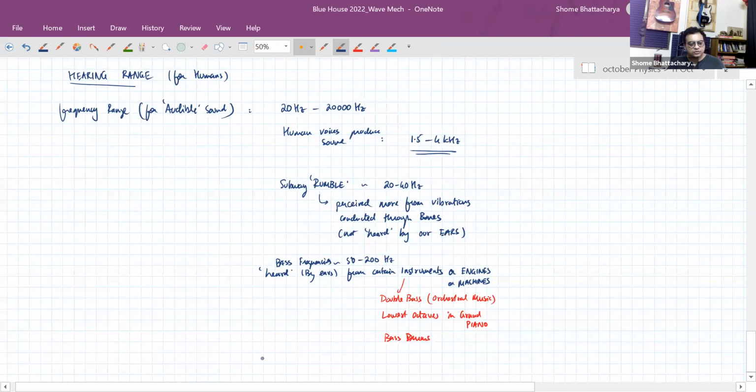Whereas, as I told you, voices, stringed instruments, I mean, even piano is a stringed instrument, but stringed instruments like guitar, sitar, etc., those kind of things, and wind instruments like saxophone, etc., they produce sounds in more of the kilohertz region.